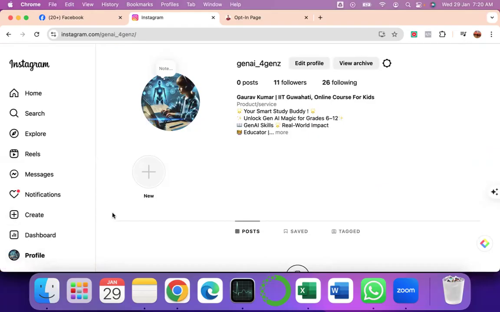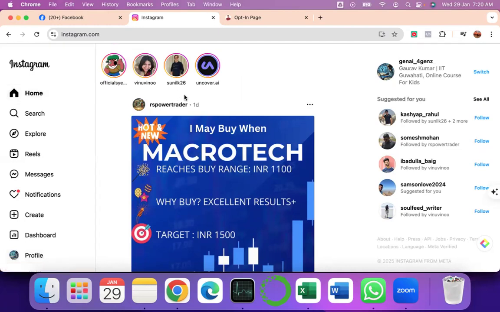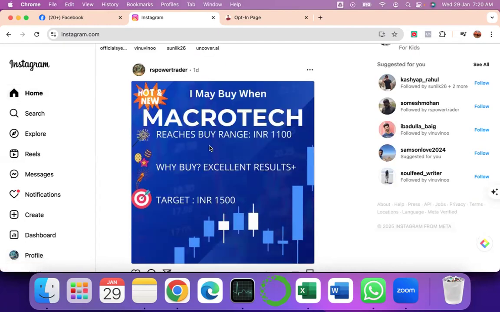So someone could decide that I want to tag this Gen AI for Gen Z in the picture itself. Now I cannot tag this gentleman's picture, but while creating this post, he could have tagged someone. So a tag is essentially an Instagram handle for a particular profile.